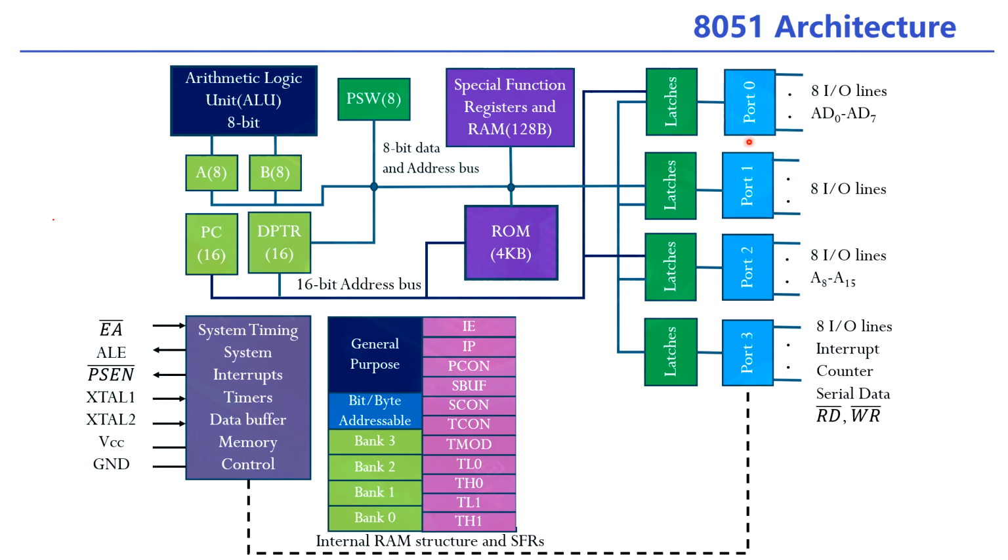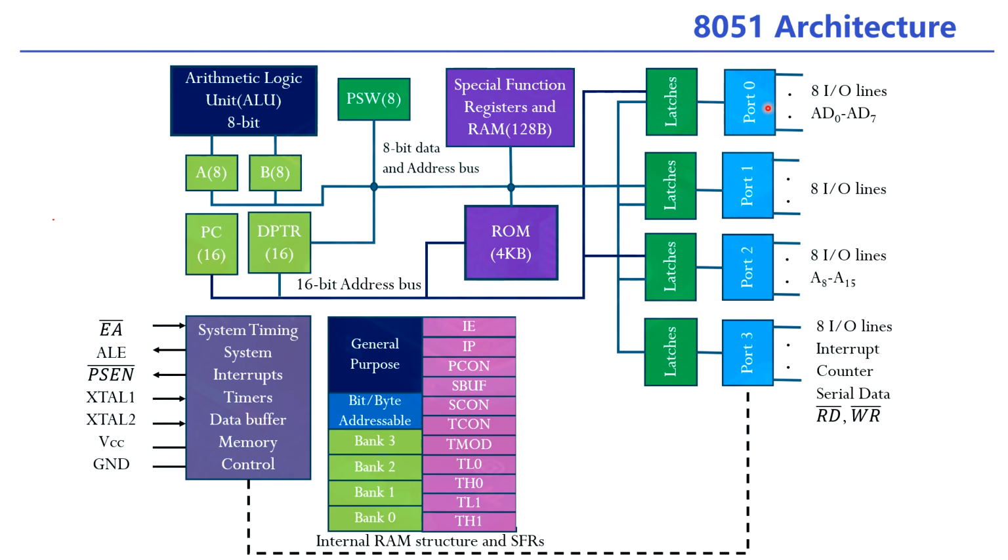We can use them as input or output as per the demand. First thing you remember, the port will connect with the help of the latch. Port 0, port 1, port 2, port 3.